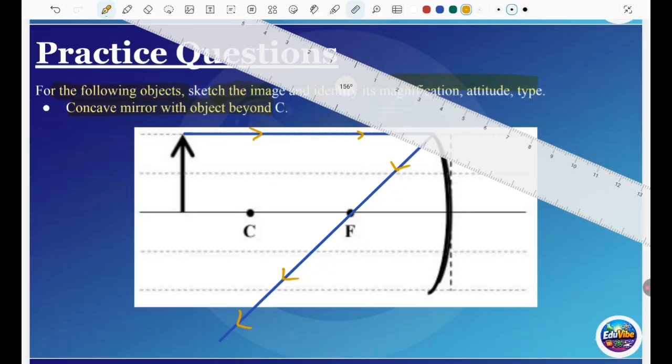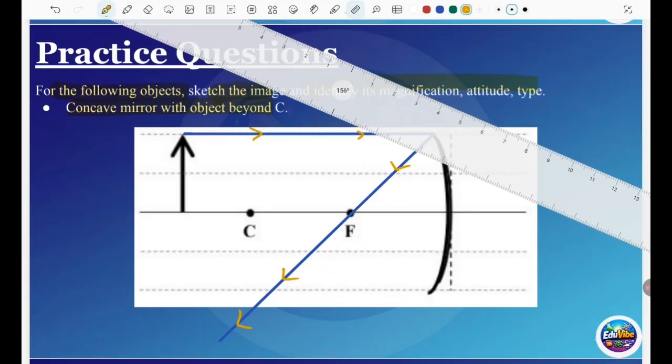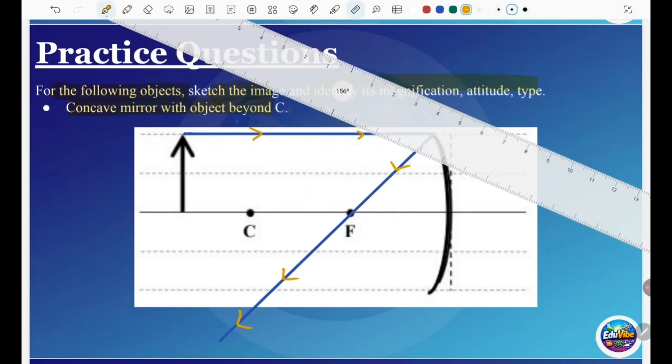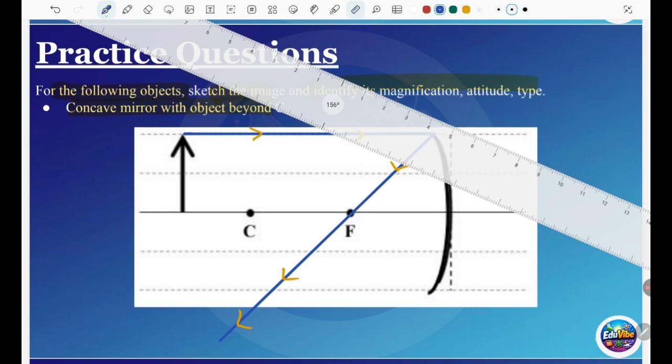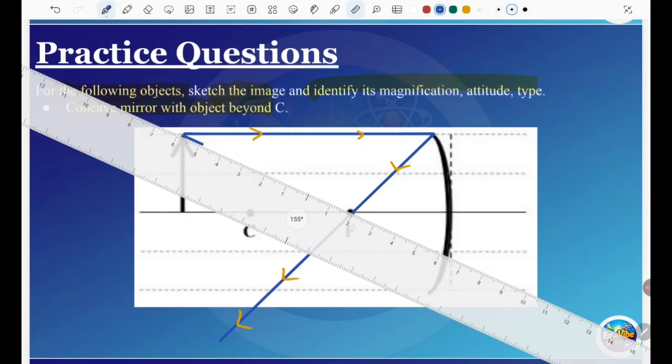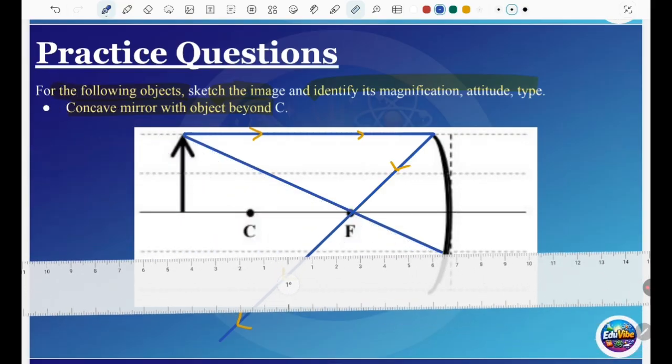Then this will cut this refracted ray, and I will make the image from here. For this, you have to sketch this diagram again, passing through the focal point like this, and they should go parallel.